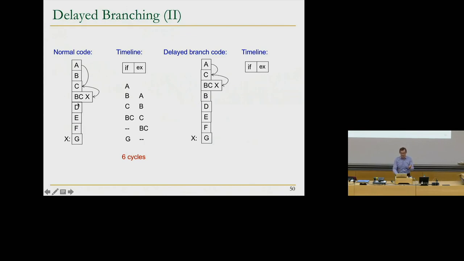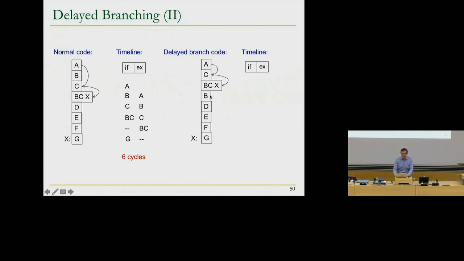If I look at this, I need to execute A, B, C, and B is before the branch. And B is independent of any of these, including the branch. So I can basically move B after the branch into the delay slot, right? And now this instruction is always executed regardless of whether the branch is taken or not taken. And I will keep the same semantics while getting better performance.